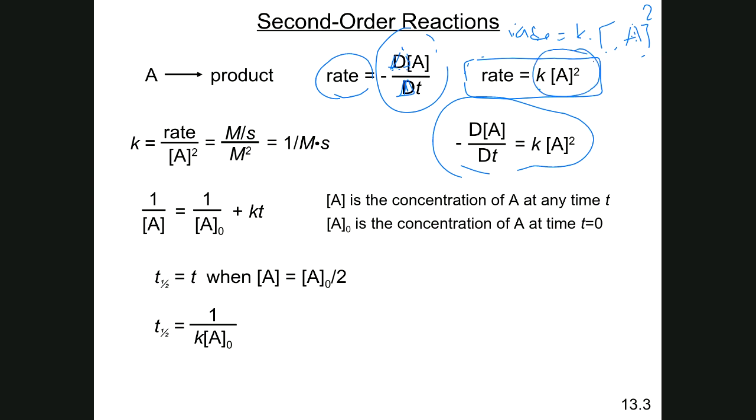If you make these two equal, and because the rates are the same, then the first side of the equation is the same, and the second part of the equation is going to be the same. So when you have this equation and you rearrange it, you come up with this equation for second order reaction.